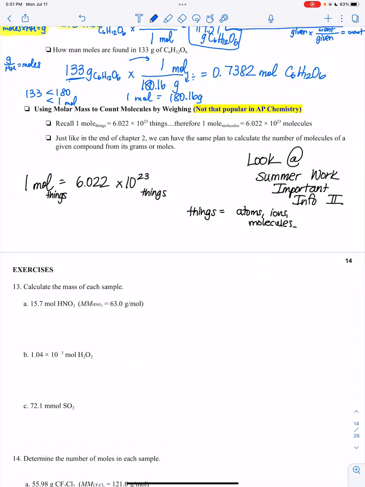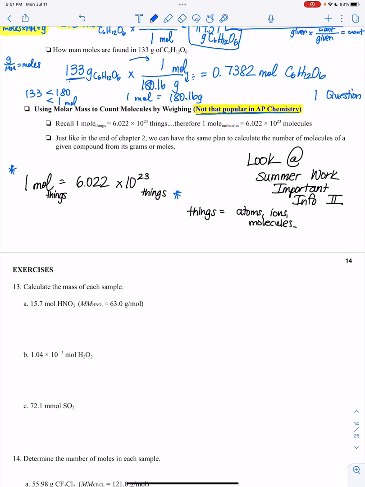On the bottom here, I'm going to put the not so popular, and we did this in the part 2 important information. If I want to go from moles to molecules or atoms, don't forget something called Avogadro's number. And look, this is not that popular in AP chemistry. I've only seen maybe one question on the AP exam in maybe the last 3 years that may ask you to use Avogadro's number.